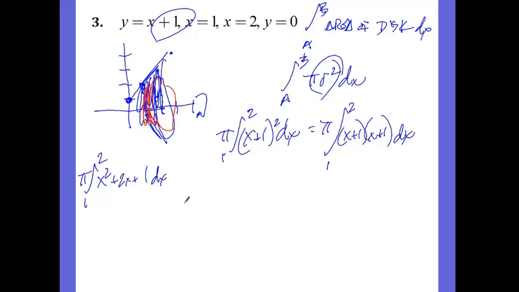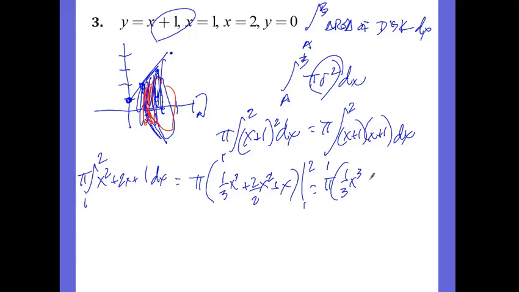We're going from 1 to 2. And we take the antiderivative of those values. You get 1/3 x cubed plus x squared 2 over 2 plus x from 1 to 2, which simplifies out to be 1/3 x cubed plus x squared plus x.